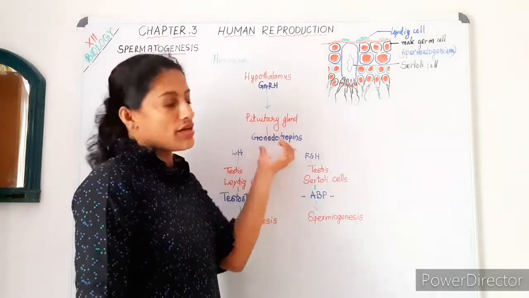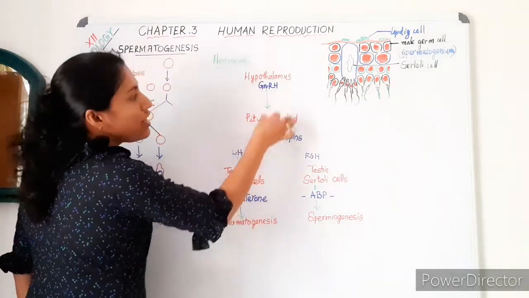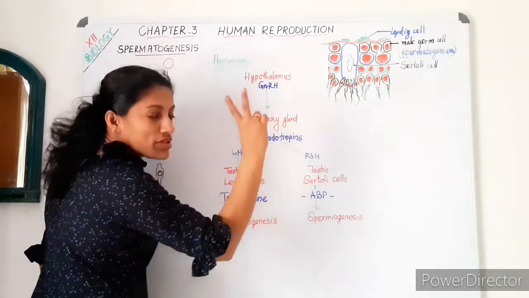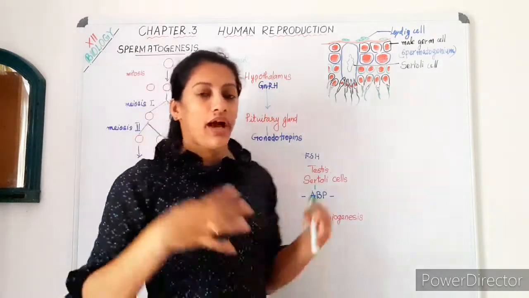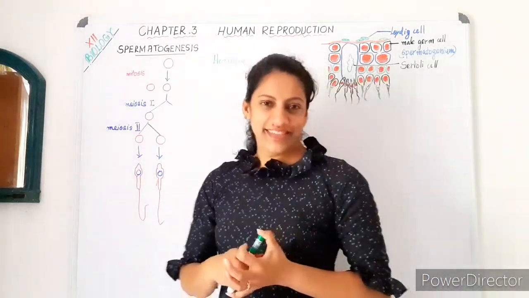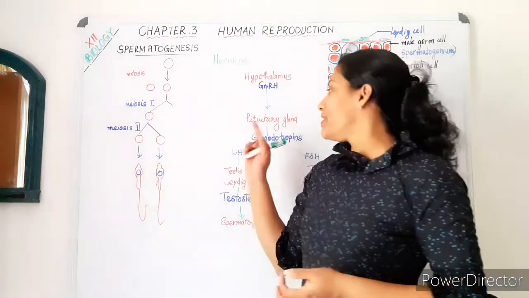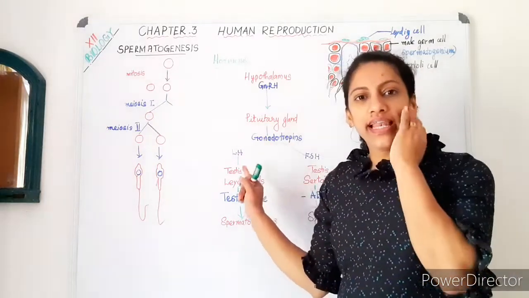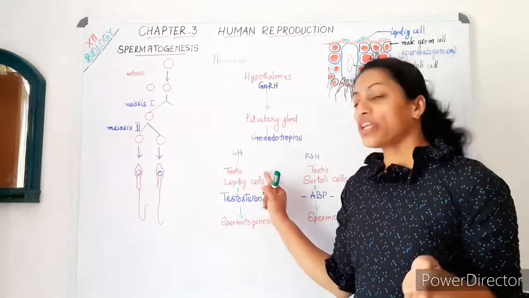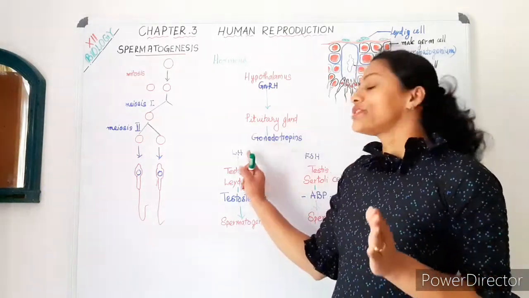So the pituitary gland, when stimulated by GnRH, secretes two types of gonadotropins in high number. Which are the gonadotropins? You have learned in 11th. The gonadotropins are LH and FSH. Same names in females also. These names are related to females actually.